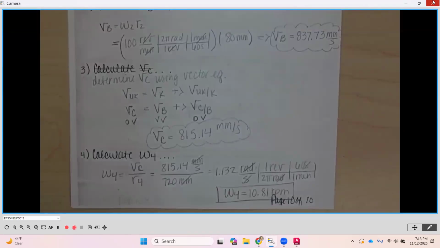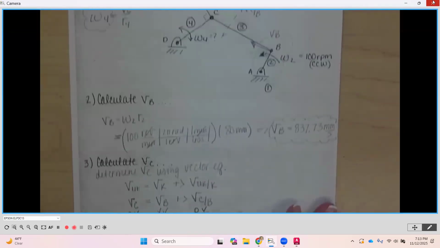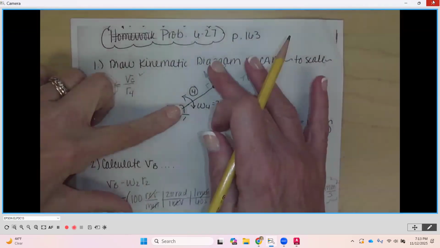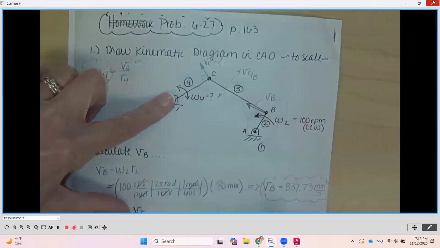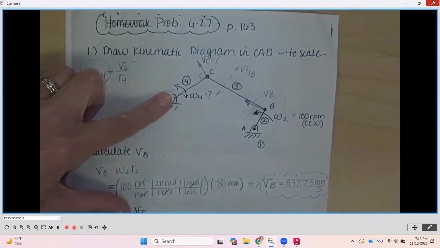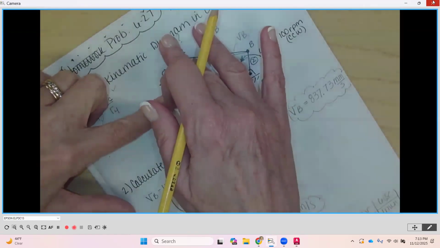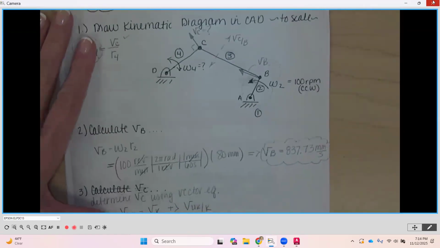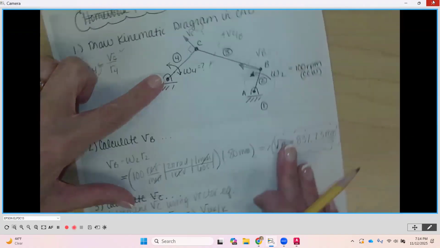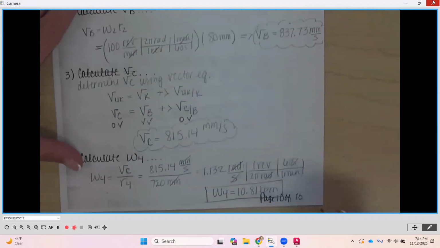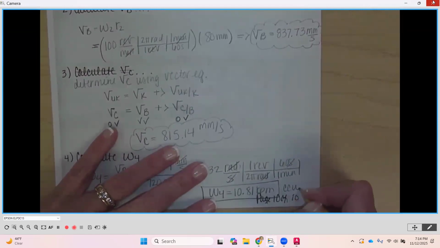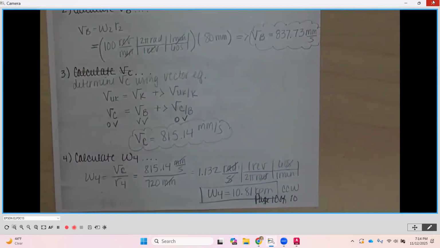Don't forget this. Is it going clockwise or counterclockwise? Which way? Put my finger on D, pull in the direction of the velocity at C. Which way does it rotate? Counterclockwise, yes. So put CCW after, because you have to have both magnitude and direction.